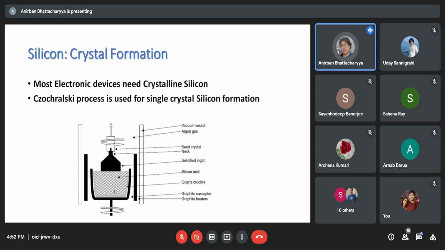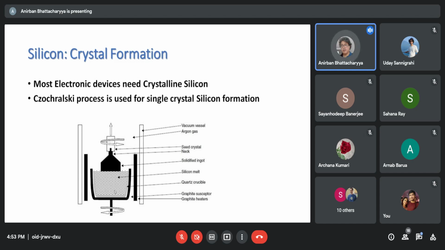Now here, silicon melt, it's first melted, and then what you do is you slowly cool it until it is just below the melting point. So it wants to freeze. But you do not want it to freeze all over in a random fashion. What you do?